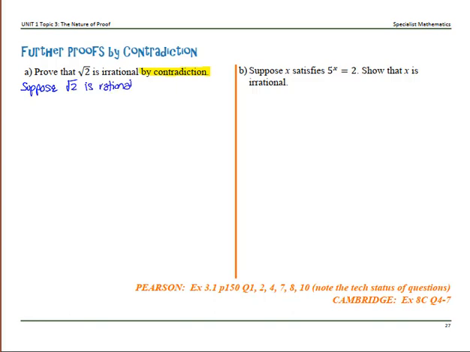That means it can be expressed as the ratio of two numbers a over b, where a and b are integers, because that's the definition of a rational number. Now we're going to assume a and b have no common factors, because if they did, that fraction could be simplified.